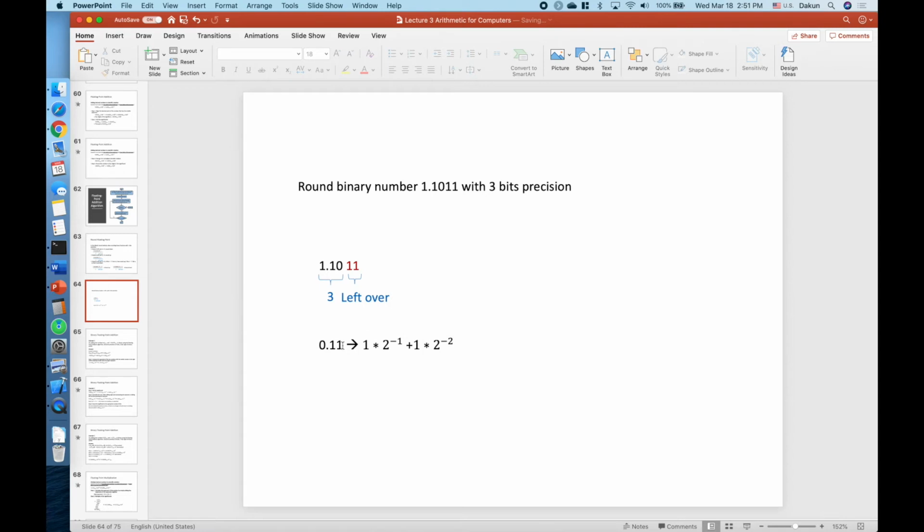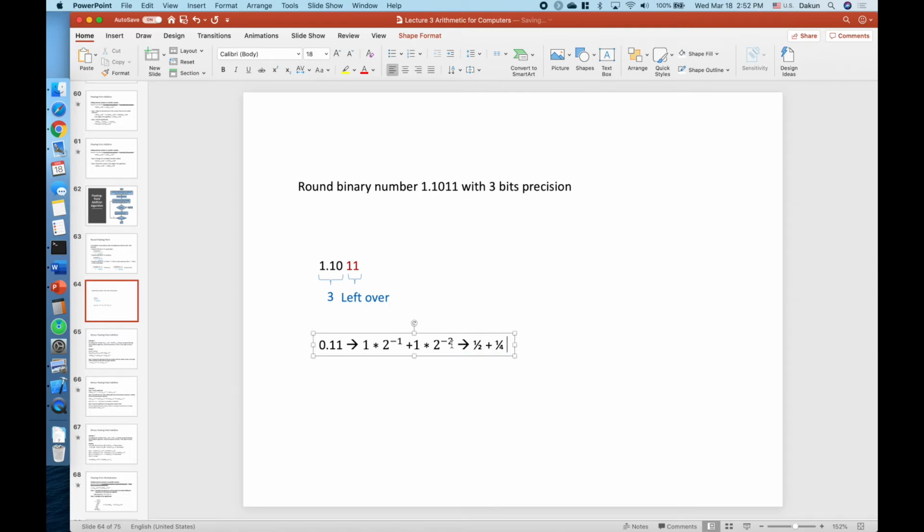So the leftover is 11, which is 0.11 in binary. If we translate this binary number to decimal, we get 1 times 2 to the power of -1 plus 1 times 2 to the power of -2, which is 1/2 plus 1/4.